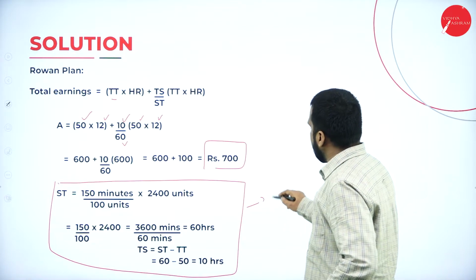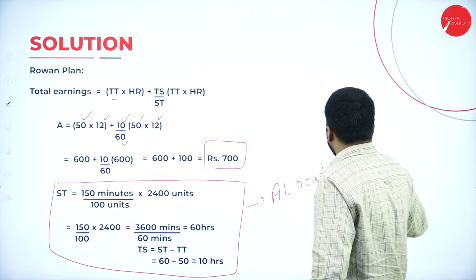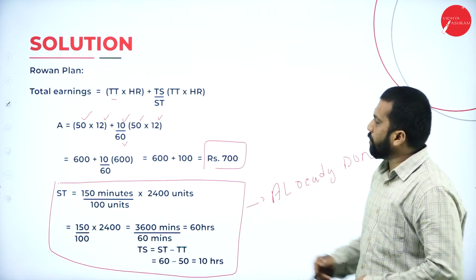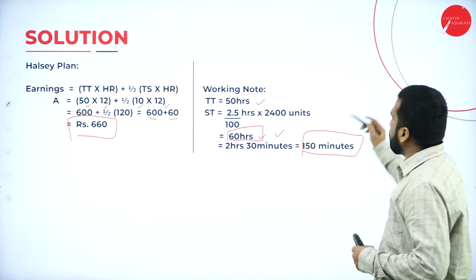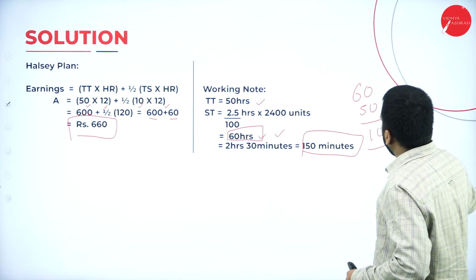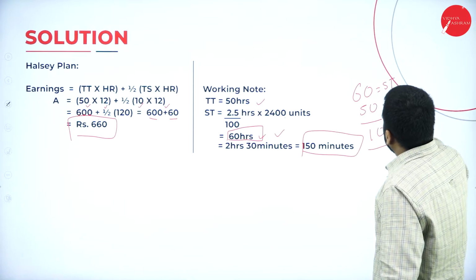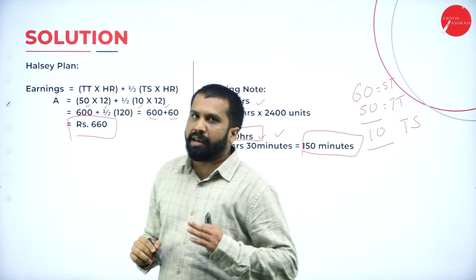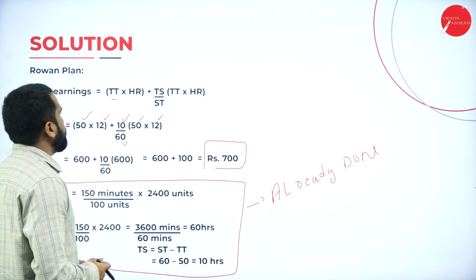So this is already done, so no need to work out this working note because already done here. Hope you are clear. So 60 minus 50, 10 will be time saved. This is standard time. This is time taken. Hope you are clear. Yes, this is all about your Halsey as well as Rowan.